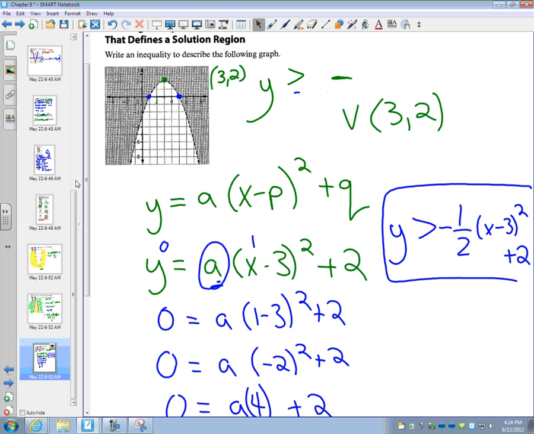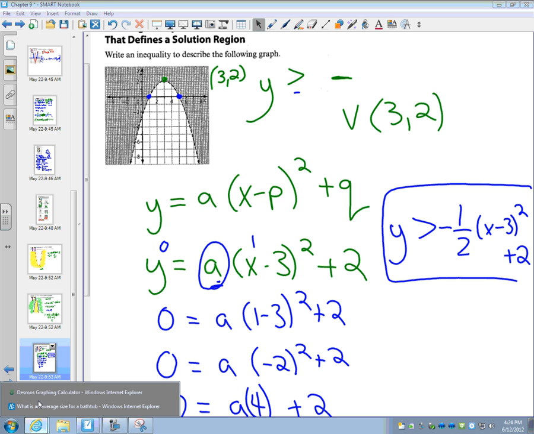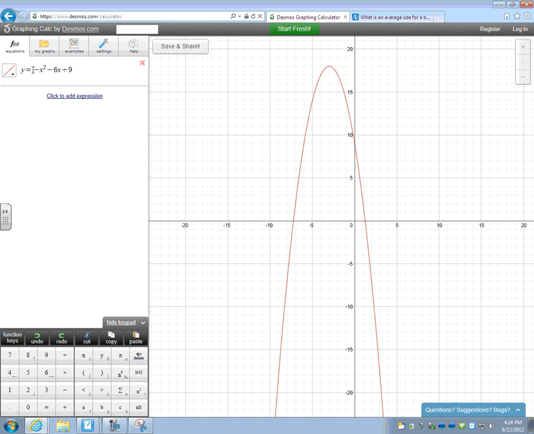And if I was unsure of that, I could actually go into Desmos and graph that. y is greater than negative 1/2 x minus 3, all squared plus 2. See if I can graph that or not.